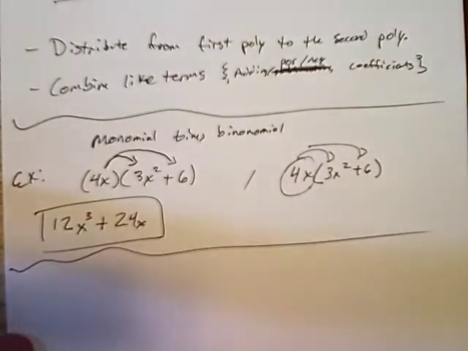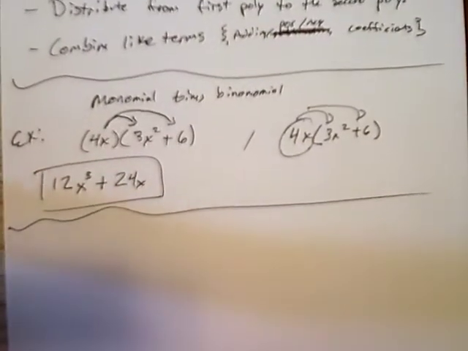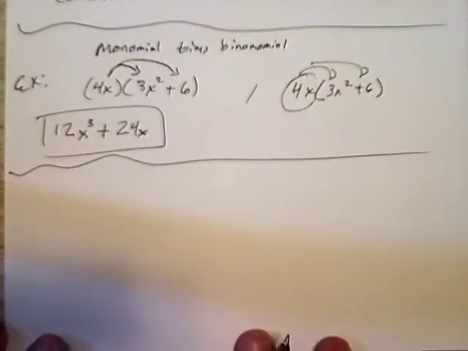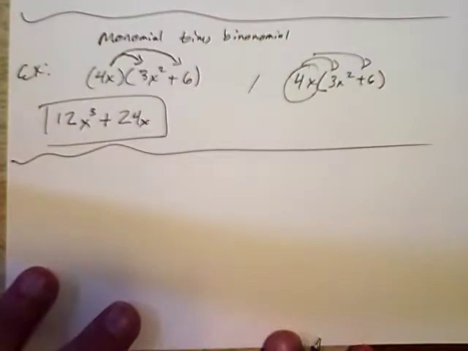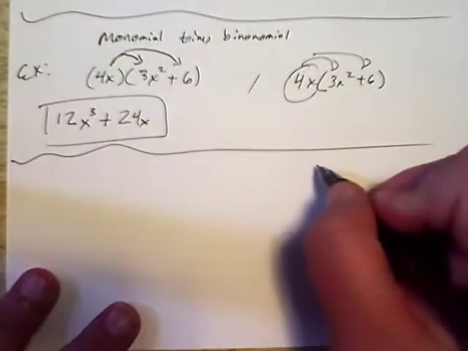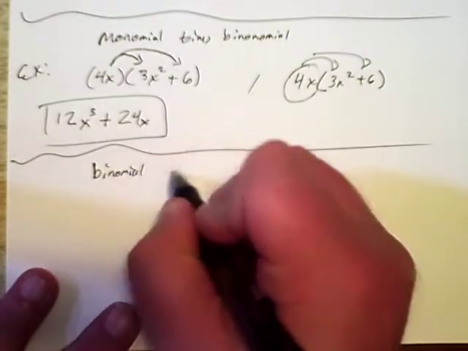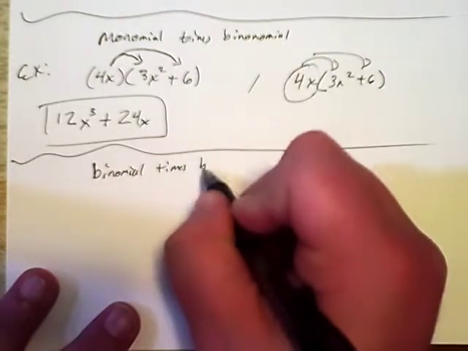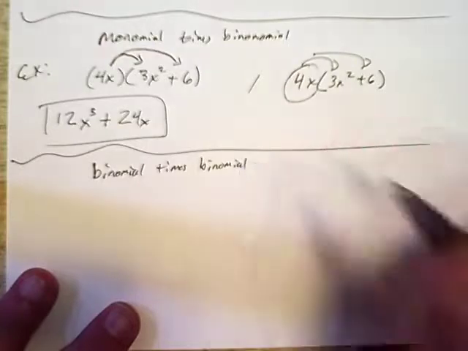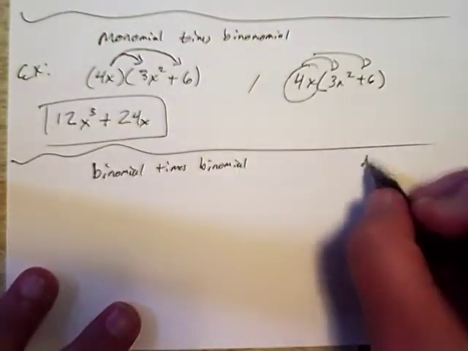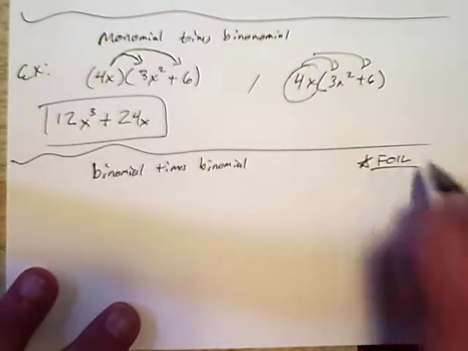Okay. Now, let's get into something that's going to be a lot more common. And this is something that we're going to do a whole lot of. And as we do this, we're going to multiply a binomial times a binomial. Some of you might refer to this as FOIL.